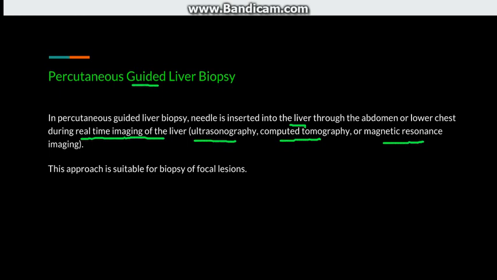This approach is suitable mostly these days. It is done occasionally under ultrasonography, or it is very much a must for the biopsy of any focal lesions, because for focal lesions we will require real-time imaging of the liver.